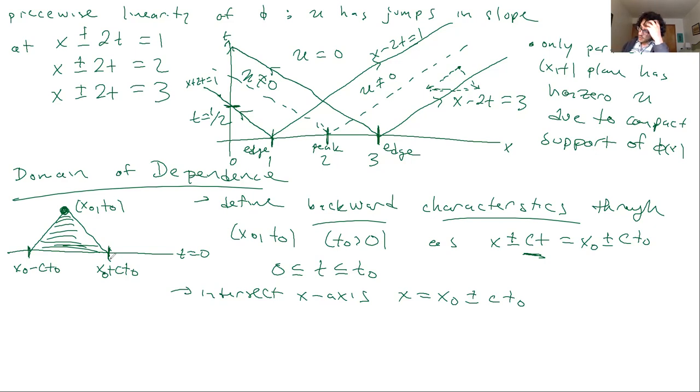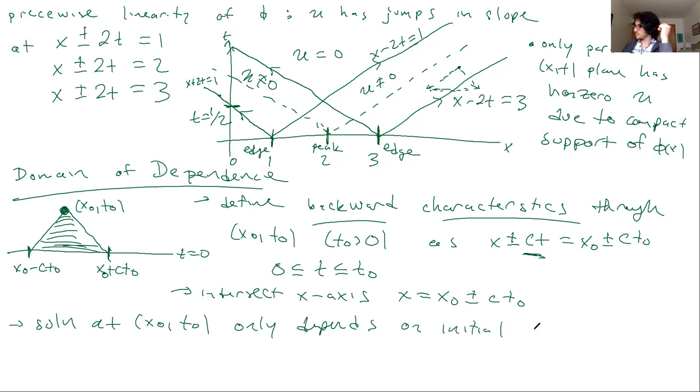Okay, so the solution at x0, t0 only depends on the initial data on x0 minus c t0 up to x0 plus c t0.